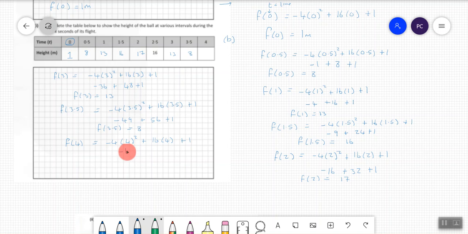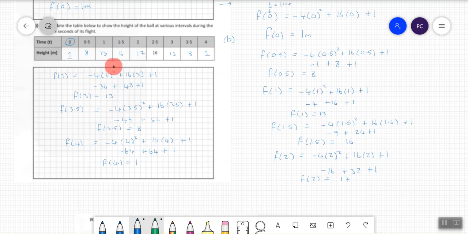That's going to be minus 64. 16 and 16 is 32, 64 plus 64 plus 1. So these will cancel out, and you'll just be left with plus 1. So function 4 is equal to 1. And that's that one there.